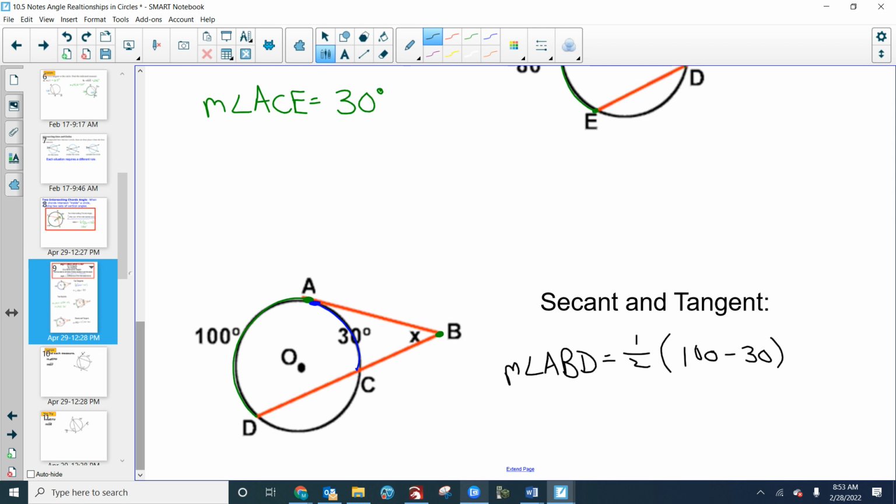What do you get? 45? Not quite, close. 35. Yep, 35 degrees. 100 minus 30 would be 70. Half of 70, 35 degrees. But notice, in all three of those situations the vertex was outside the circle. Half of the difference is the formula.